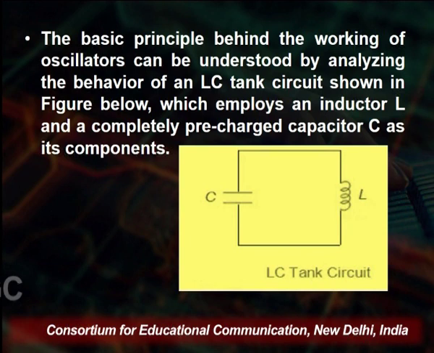It employs an inductor, represented by L, and a pre-charged capacitor, represented by C, as its components. At first, the capacitor starts to discharge via the inductor, which results in the conversion of electrical energy into an electromagnetic field, which is stored in the inductor.